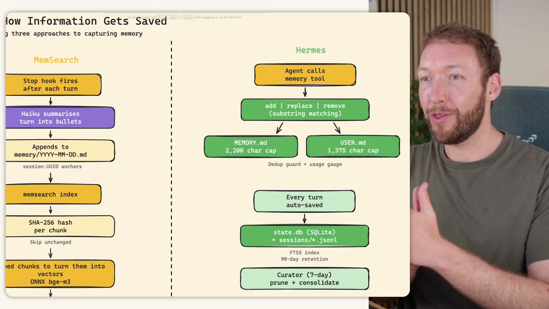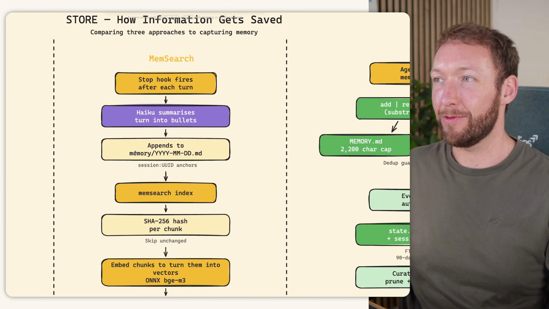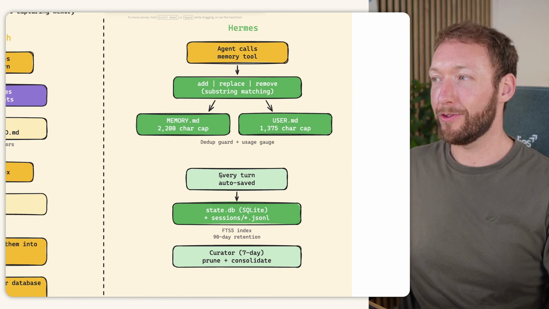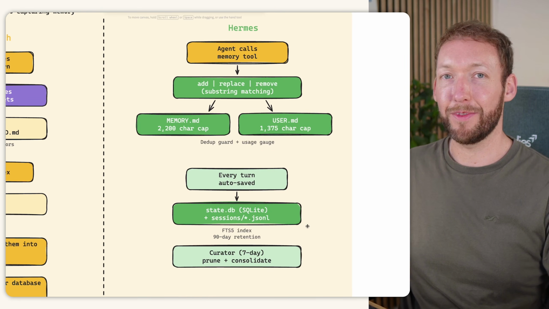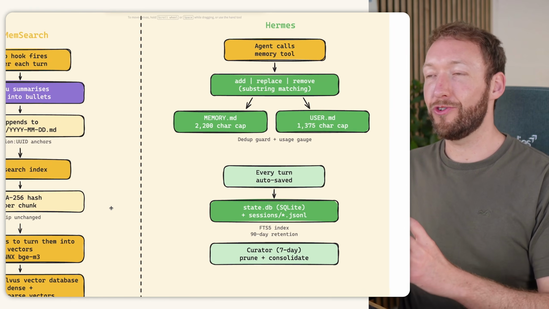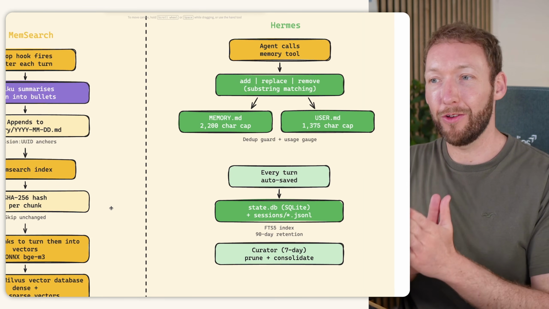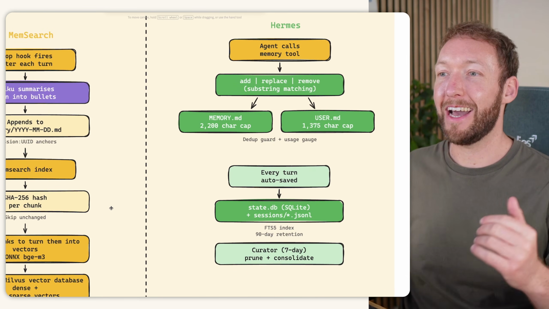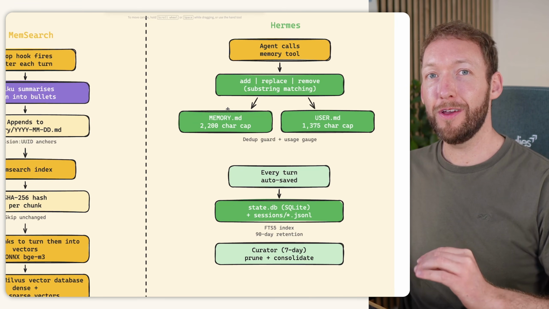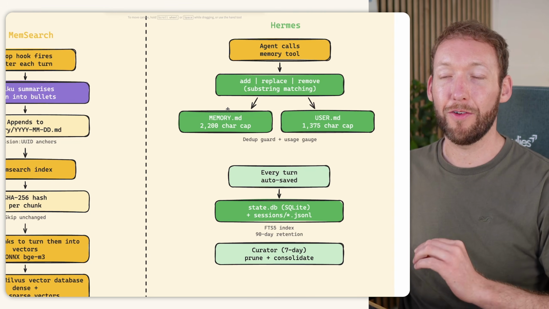But if the agent doesn't think to save something, it's like with our Claude auto memory. MemSearch is still grabbing the full transcript and saving it into something that we can retrieve from a database at a later point. So my answer to which one you should use is that we should combine the logic of both. We should use automatic capture for completeness and curated facts for what matters most, because this is really important for the injection of the context phase.